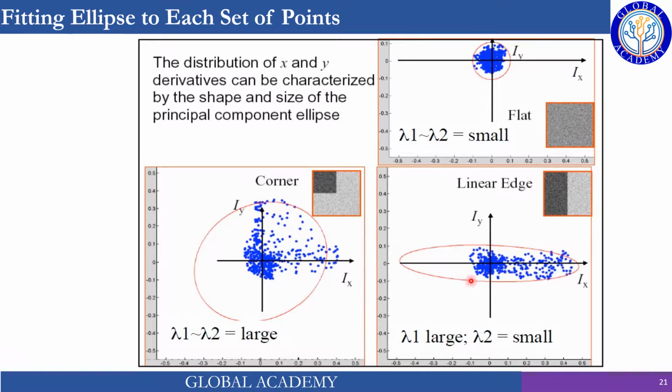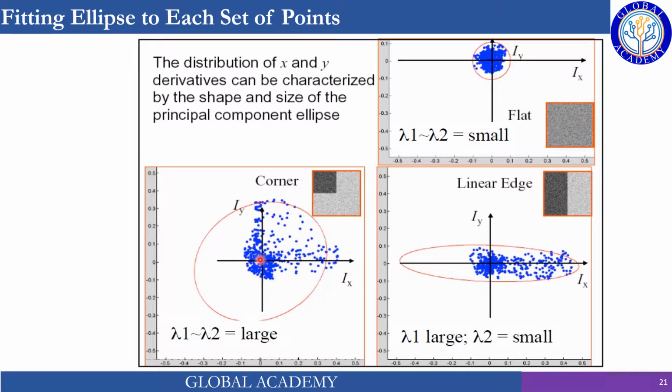And if lambda 1 is large and lambda 2 is small, it means it's like a linear edge. But if you have lambda 1 close to lambda 2, very close values, and their values are large like this region, then it's a corner. So that's the best measure of a corner.